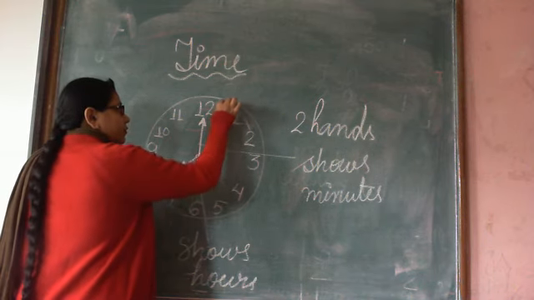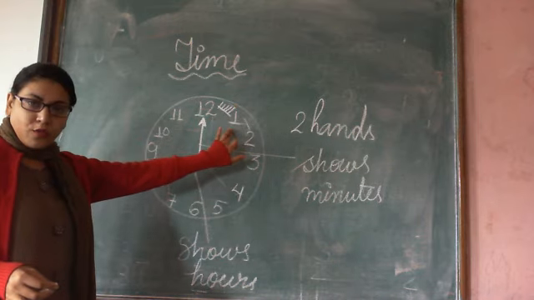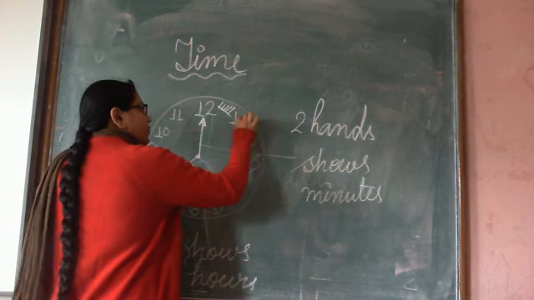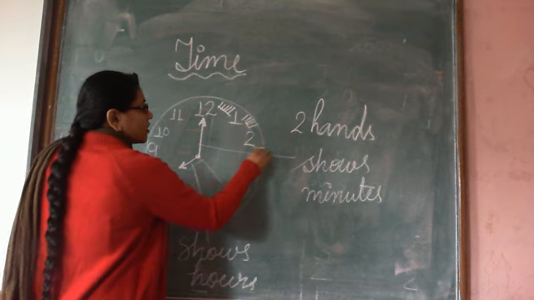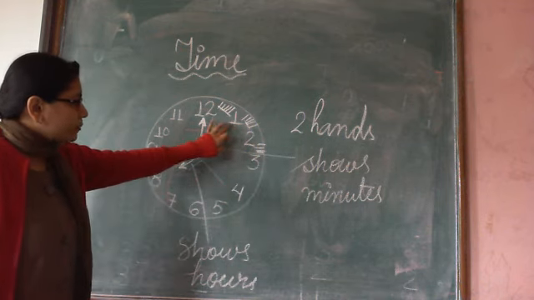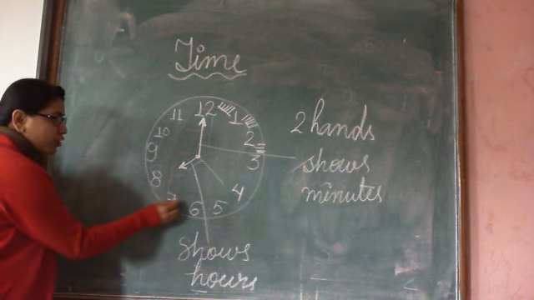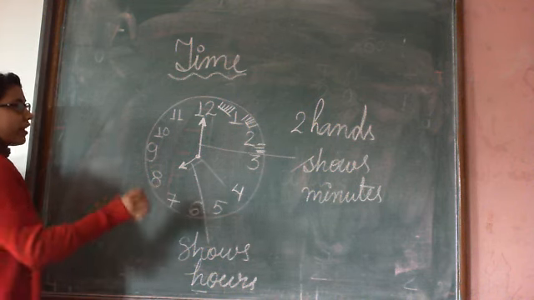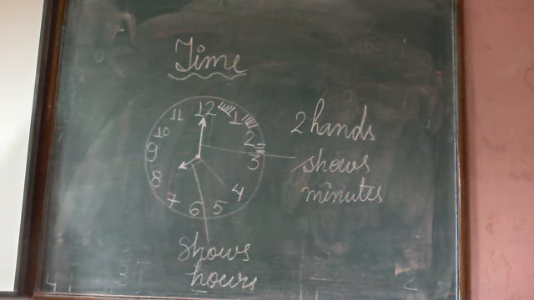There are 5 minutes from 12 to 1, from 1 to 2, from 7 to 8, from 10 to 11. The interval between any two numbers is the same, 5 minutes.